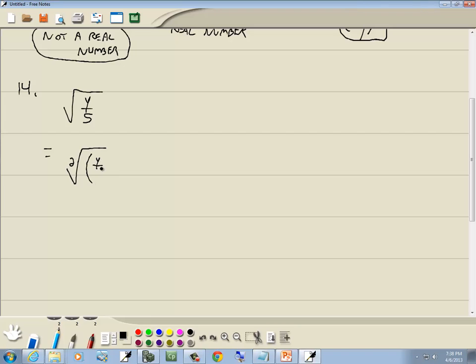And then again, if I were to put a power here, this would be y to the 5th, or y over 5 to the first power. So this becomes y over 5 to the 1/2 power. Again, whatever power is here goes up on top, and whatever your index is goes down in your denominator. So y over 5 to the 1/2 power is our answer.